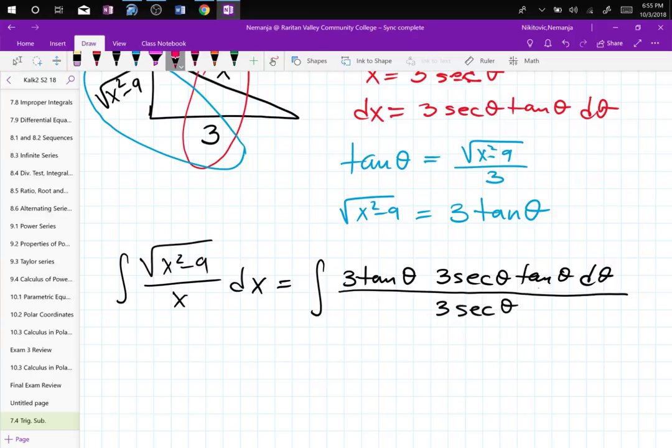Well, stuff cancels. Kick 3 outside, and you get the integral of tangent squared theta d theta.